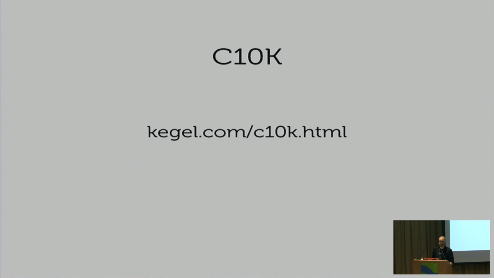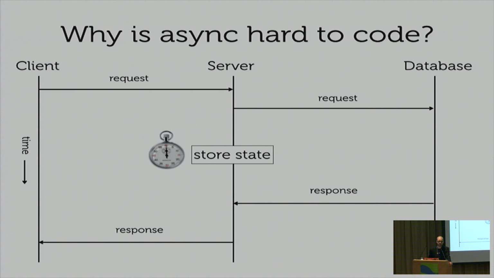So if async is so great, and if the kind of applications for which it's great are more common these days, why do most people still use multi-process or multi-threaded web servers instead of async? I think it's because async is hard. It's hard to code.